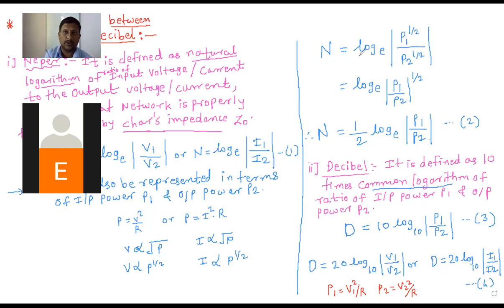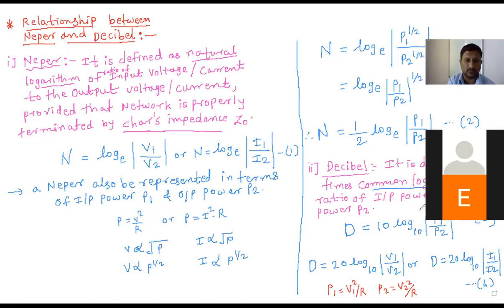Now we will relate the Neper and the decibel, that is, how both are related to each other. First we discussed what is meant by Neper, then the equations, and after that we completed the decibel. Now with the help of these equations, we can relate the Neper and decibel.